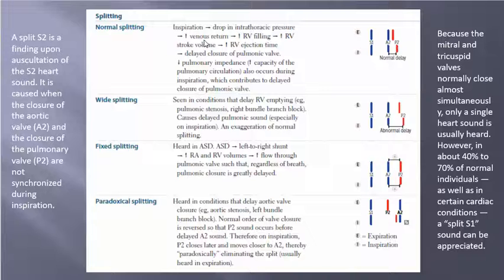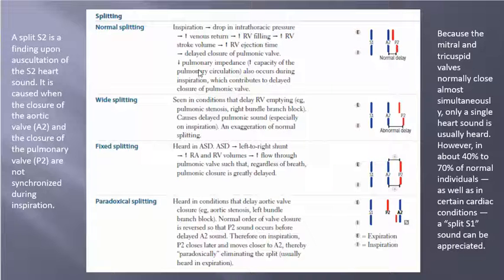When you have a return in your veins, then you'll have an increase in your right ventricular filling, an increase in your right stroke volume, and an increase in your ejection time. You'll have a delayed closure of your pulmonic valve. That's what this is.